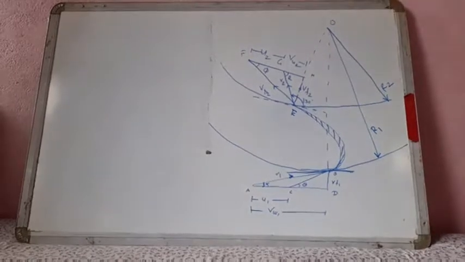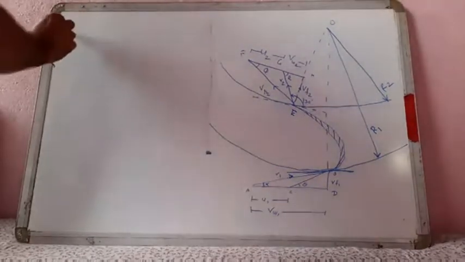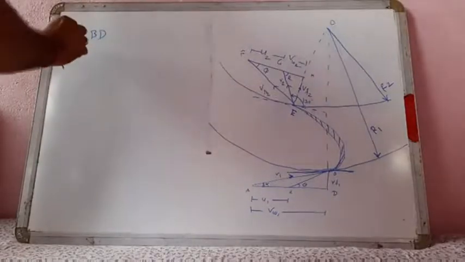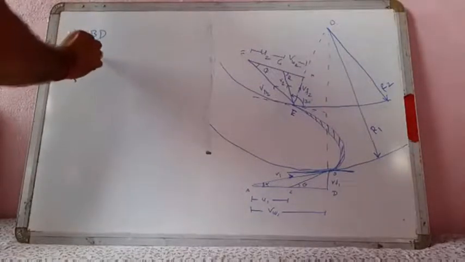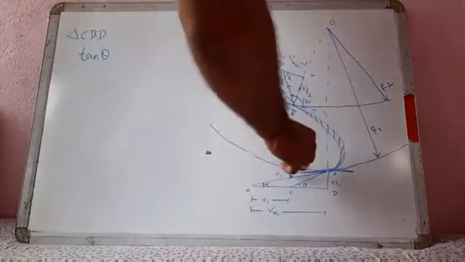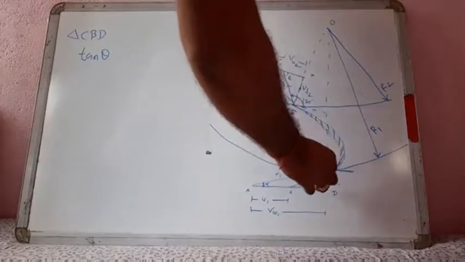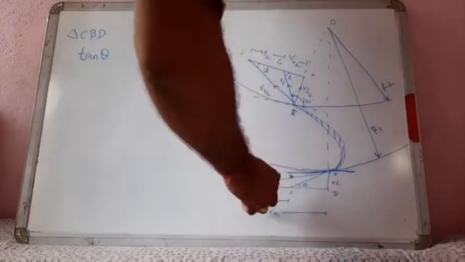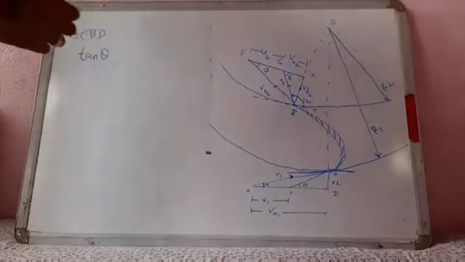Now in triangle CBD, tan theta equals VF1 by CD, and the value of CD is VW1 minus U1.